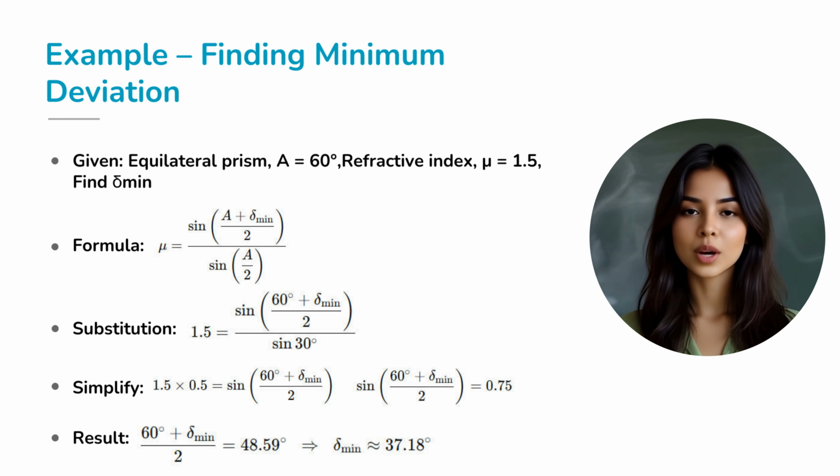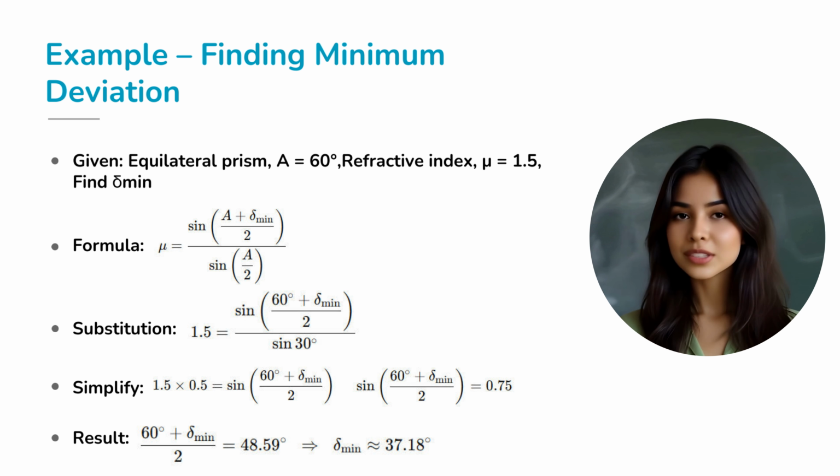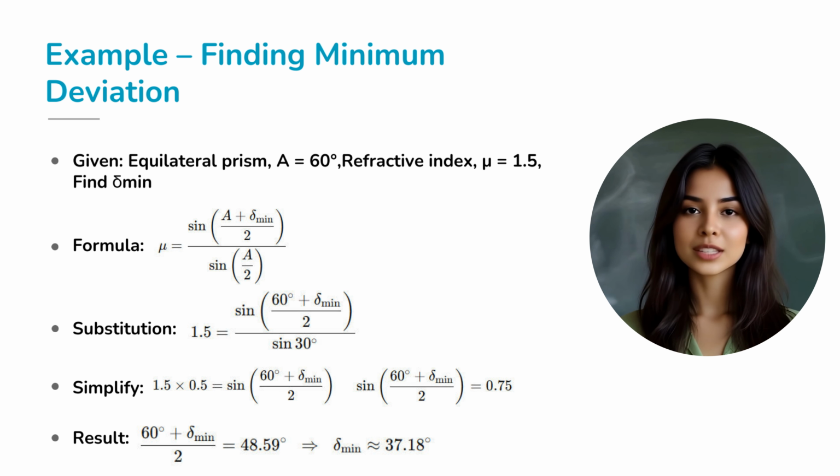Substituting values, 1.5 equals sine of ((60 plus delta min) over 2) divided by sine 30 degrees. Sine 30 degrees is 0.5, so multiplying both sides by 0.5 gives 0.75 equals sine of ((60 plus delta min) over 2).